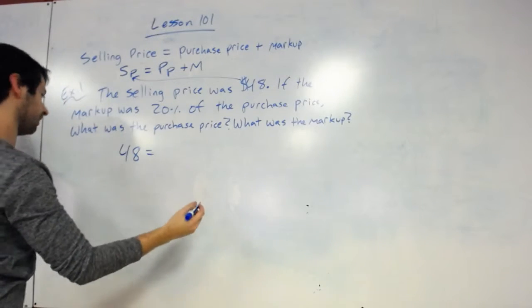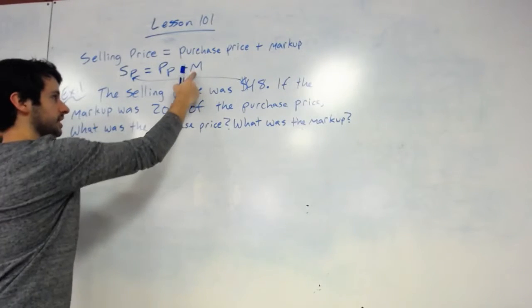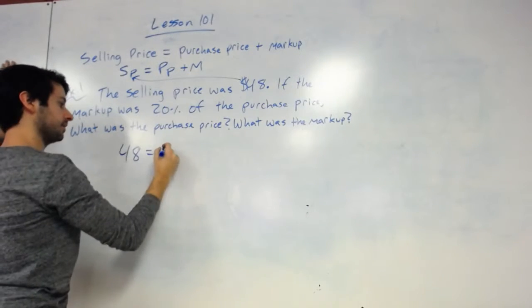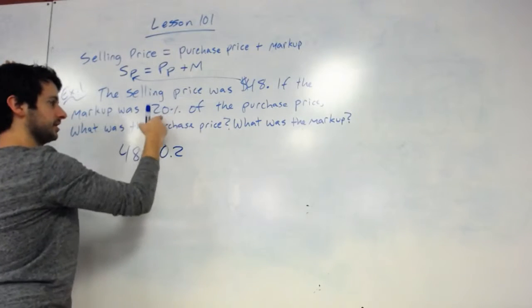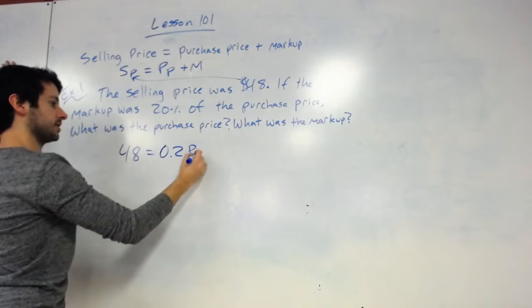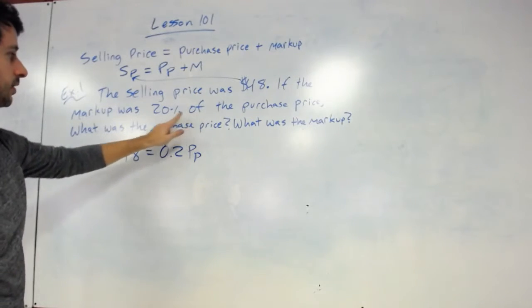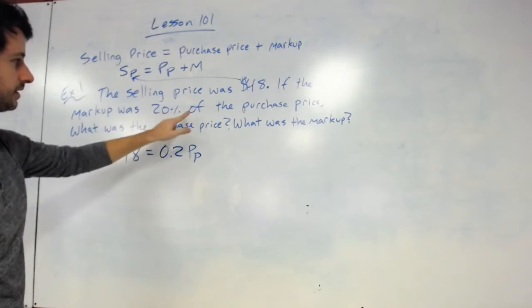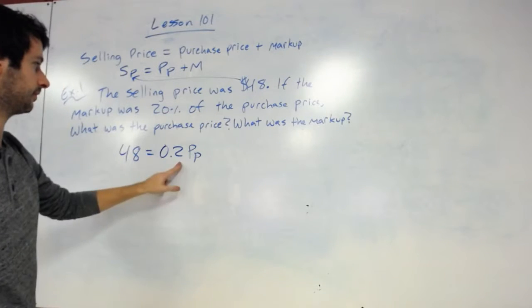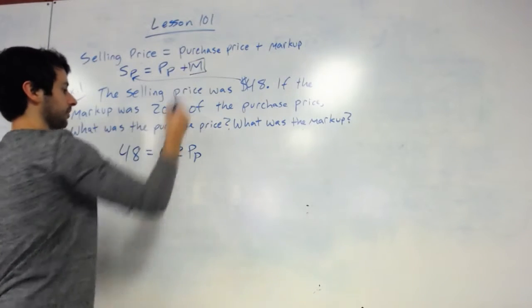So what that tells me is in place of M, I can put 0.2 because that's the decimal of 20%, and I can put purchase price. Of, remember, means multiply, and so we're multiplying 20% times purchase price. So that would be what is the markup.